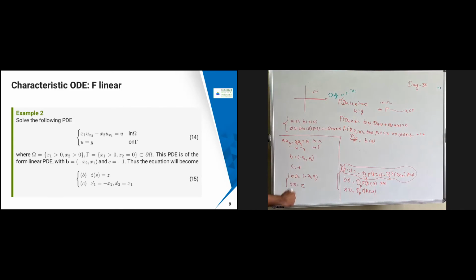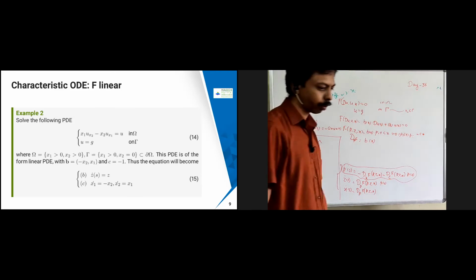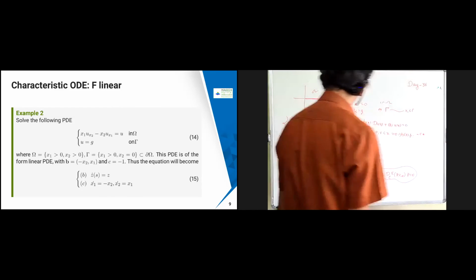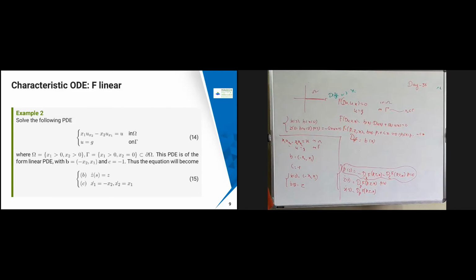C is already mentioned, so I can just rewrite this. x dot of s: I have a 2n plus 1 system, and here n is 2, therefore 3 equations will come. So I can rewrite this as x1 dot of s equal to minus x2, x2 dot equal to x1, and z dot equal to z.